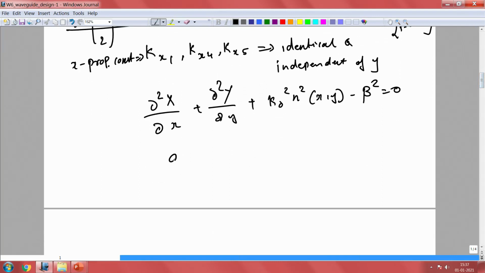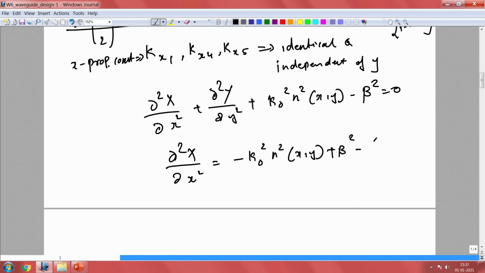So, if we do that rearranging, (1/X) ∂²X/∂x² should be equal to minus k0² n²(x,y) plus β² minus (1/Y) ∂²Y/∂y², which is equal to, we are going to introduce a separation constant here, minus kx².